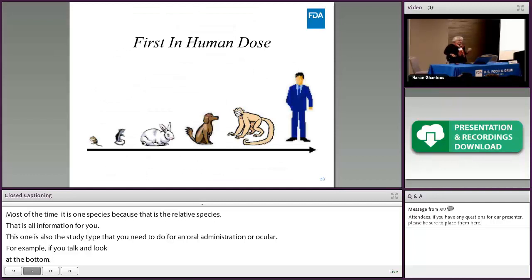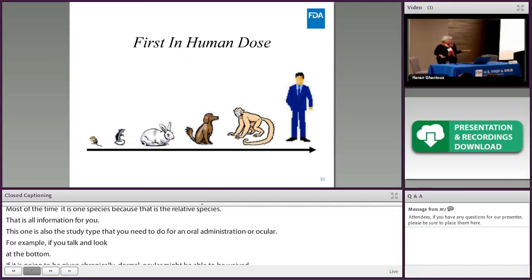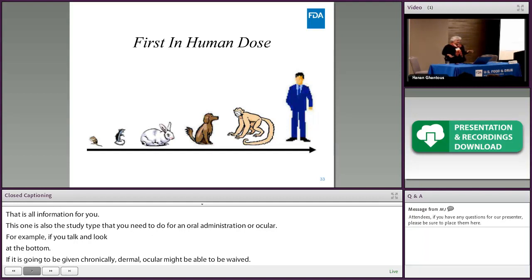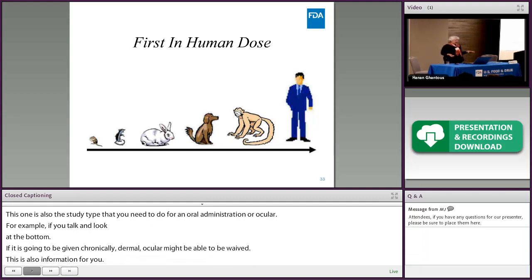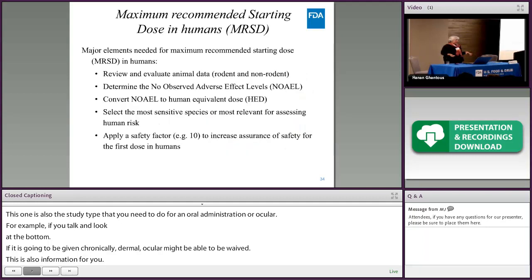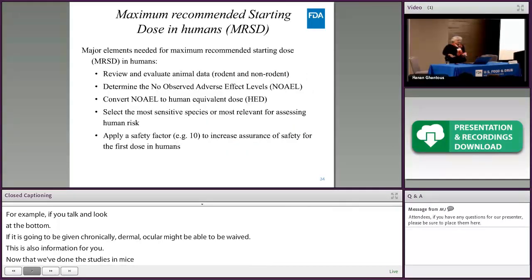Okay, now we've done these studies in mice and rats, so how are we going to calculate the first in human dose for this big guy from the little mouse or the rat we have? We have a guidance. It's the maximum recommended starting dose in human.